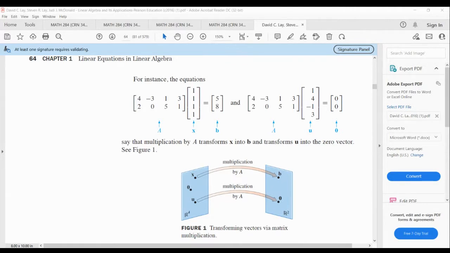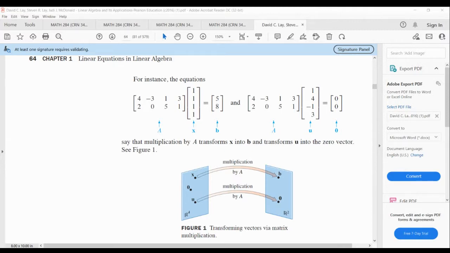Now also they have the matrix A times a vector u, and it maps the vector u into the vector 0. So you see what you're doing. If you look at figure 1 below, what are you really doing here? You are taking vectors like the vector x and the vector u above that live in 4-dimensional space, and you are transforming those vectors into vectors that live in 2-dimensional space.